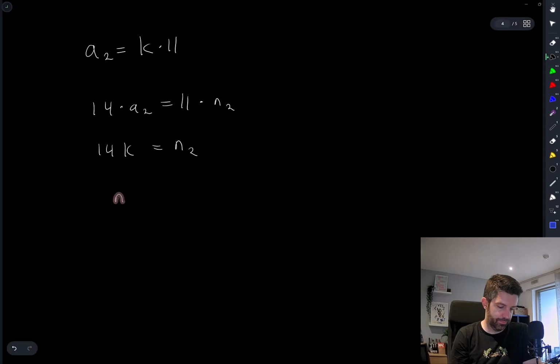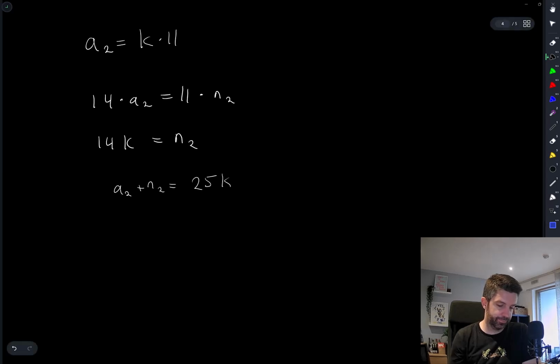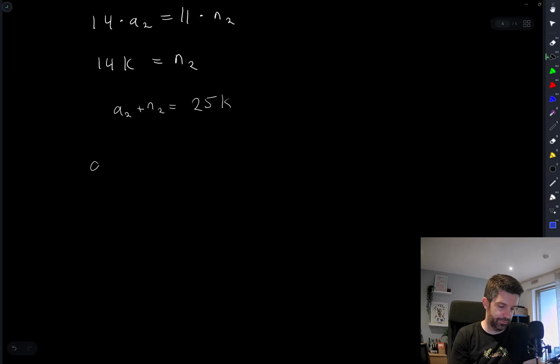So A2 plus N2 is equal to 25k. So I have A1 plus N1 is equal to 25k minus 50, which is equal to 25 times k minus 2.